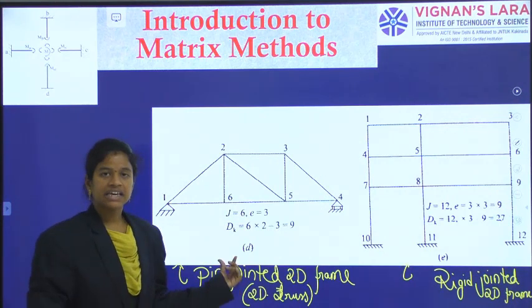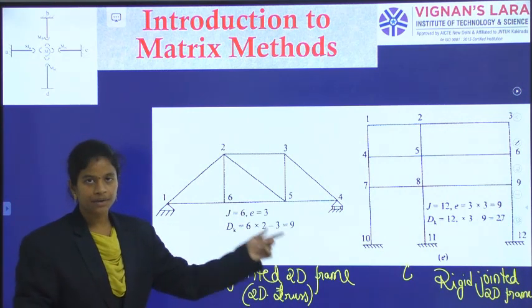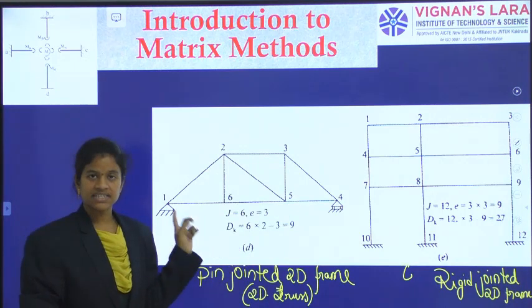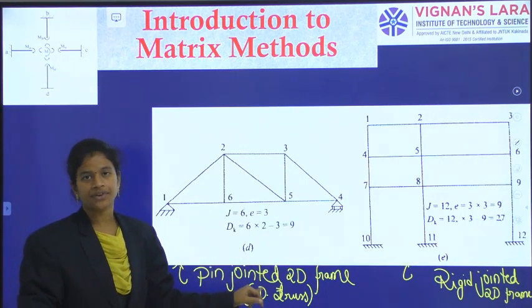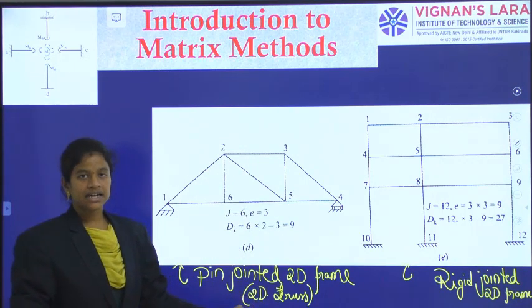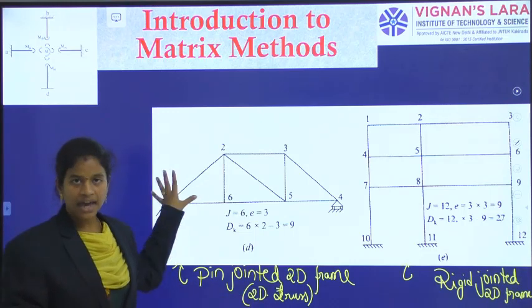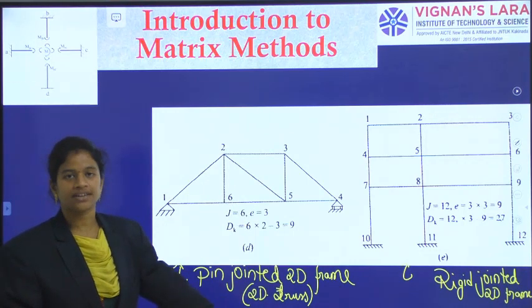This one is a pin jointed 2D frame. This one is a truss. So, for the corresponding pin jointed 2D frame, we have a general name, that is truss, 2D truss.